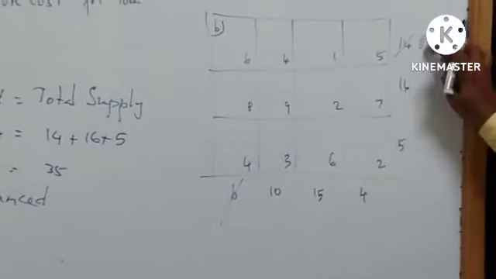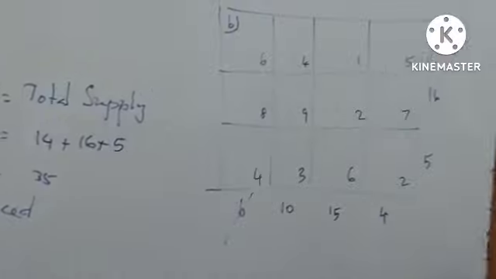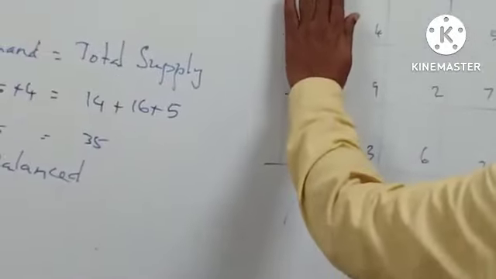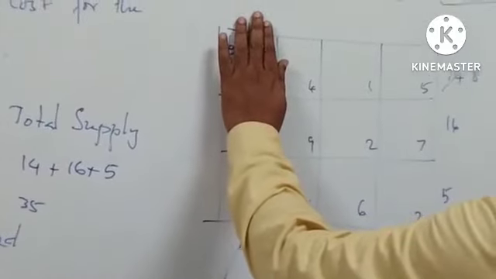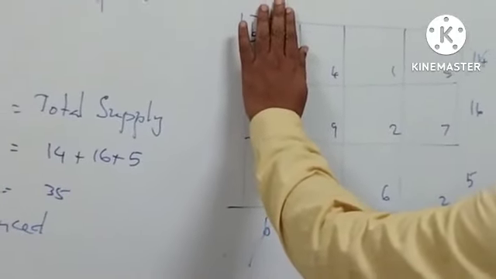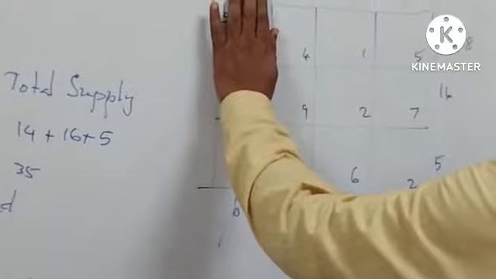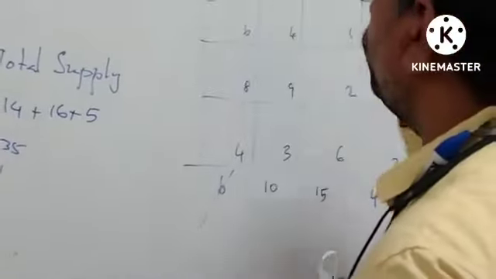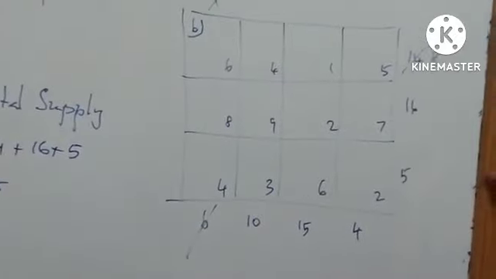Therefore, you will have only 8. Now there is no first column, because you are satisfying the demands of the first destination. Therefore, it is fulfilled. You take it out, keep it away from the further calculations.